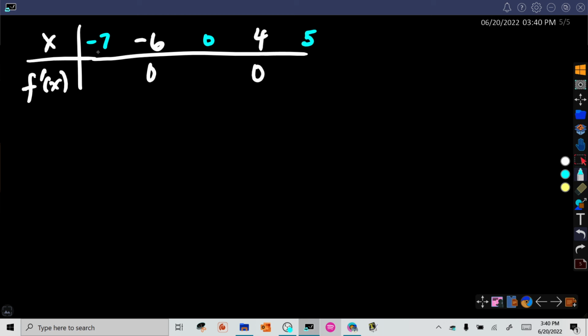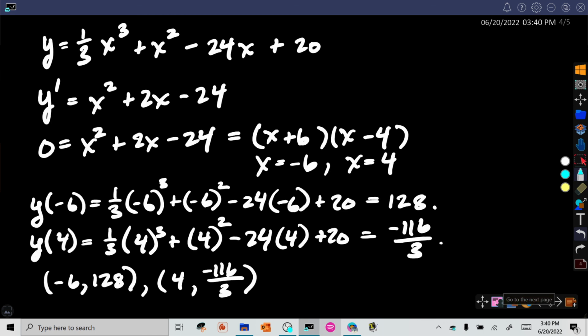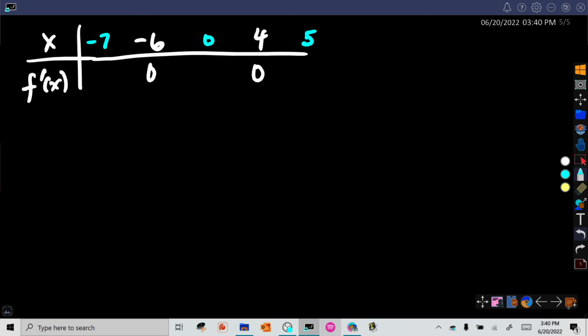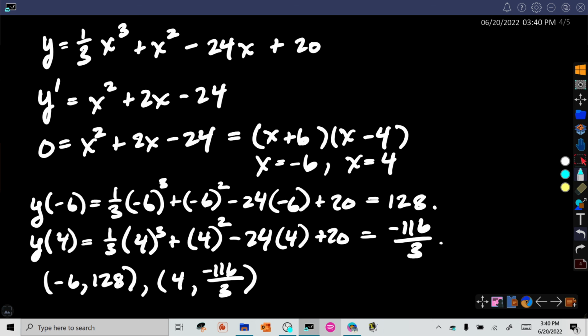What I need to do is take these values and sub them into my derivative, which is back here, and I'm just looking for whether it's positive or negative. I don't care about the values at all. I just want positive and negative. If I sub a minus 7 into this, I get 49 minus 14 minus 24, which is actually positive, just barely.